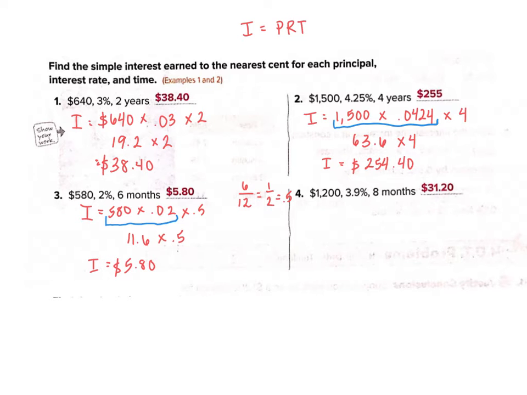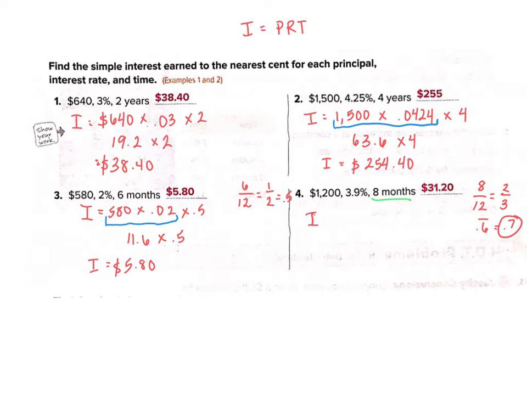For number 4, kind of a similar thing, I'm given months, so I'll solve that right away. I write that as 8 over 12, which is equivalent to 2/3, and 2/3 converted into a decimal is 0.6 repeating. You can round that up to 0.7 to solve this problem.